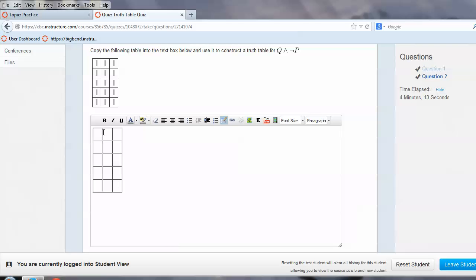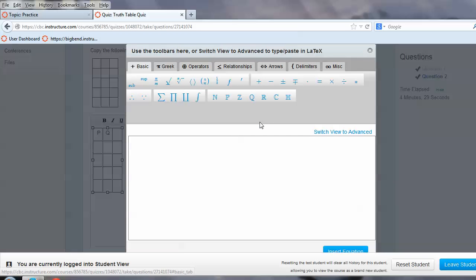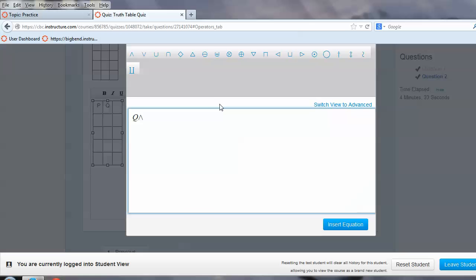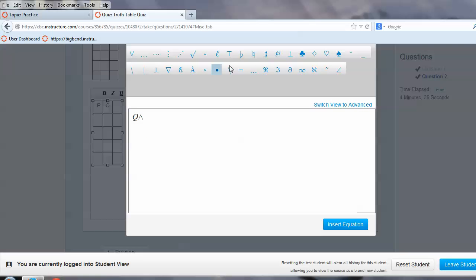Well, I know I'm going to need P and I know I'm going to need Q. So I can go ahead and just type in P and Q here. And then I need to figure out the truth value for this formula here, Q and not P. So we can go ahead and use the equation editor and type that in, Q and not P.